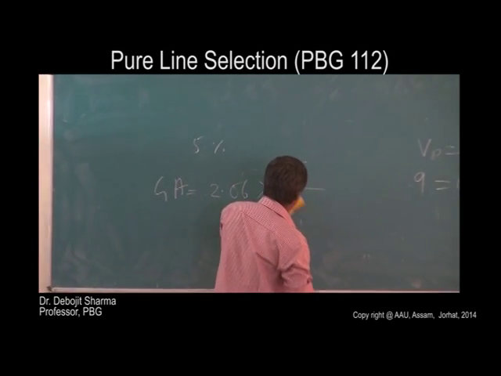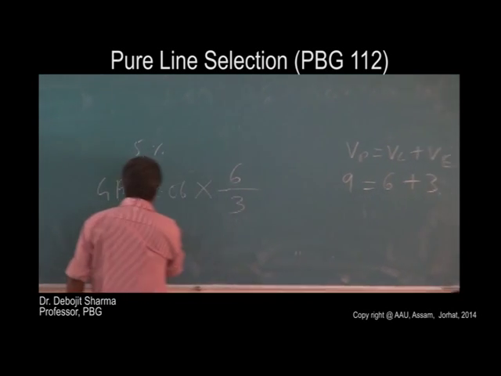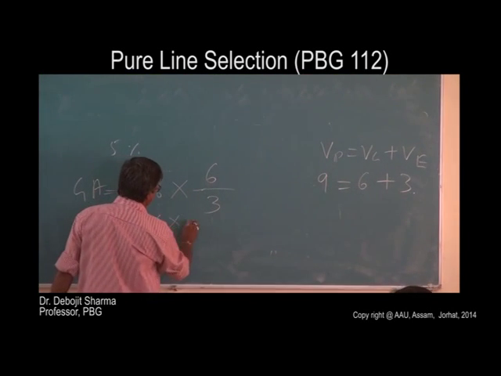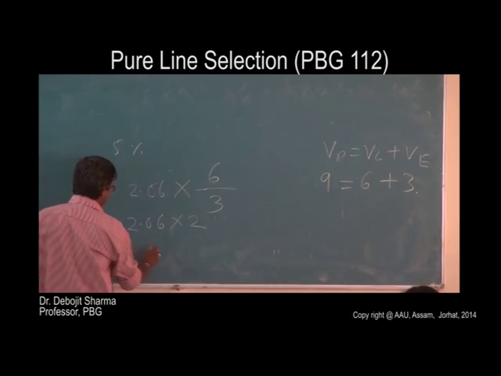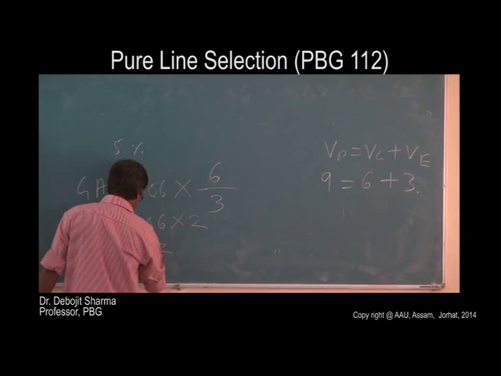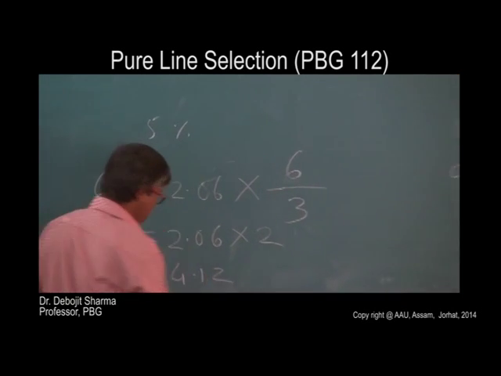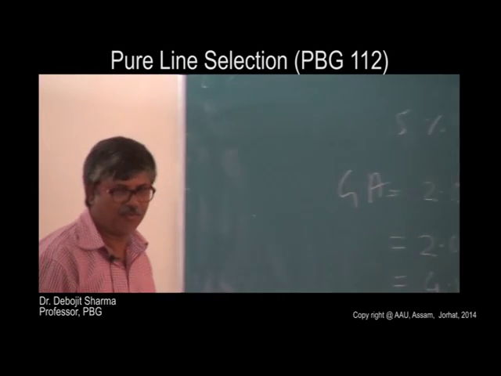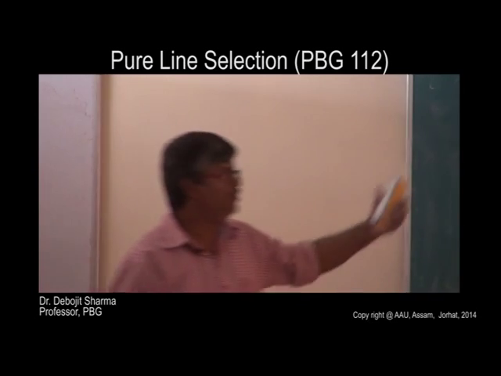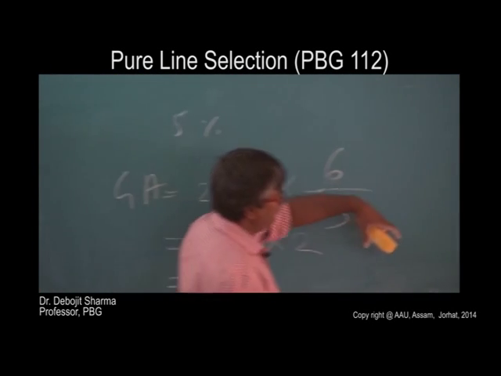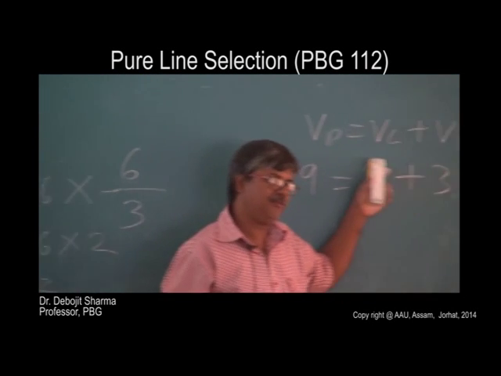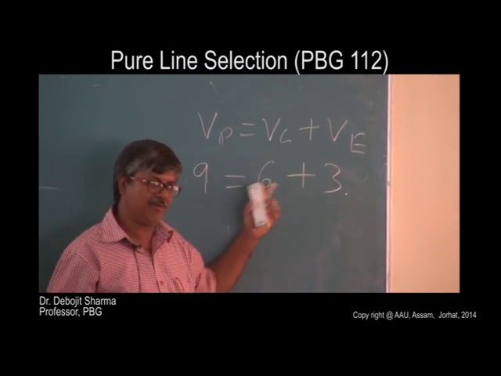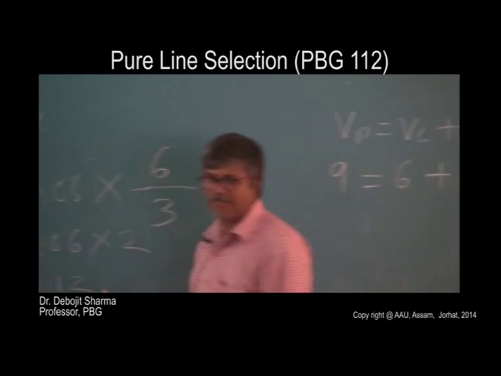This is 3. The result is 4.12. So the unit will be the same. If you are using centimeter or number, maybe gram, kg, whatever the unit, the same unit will be here.